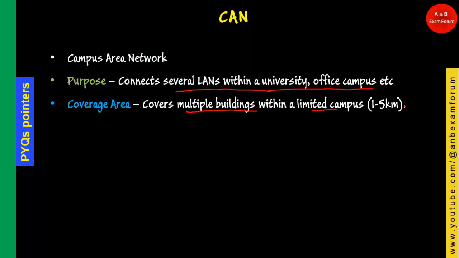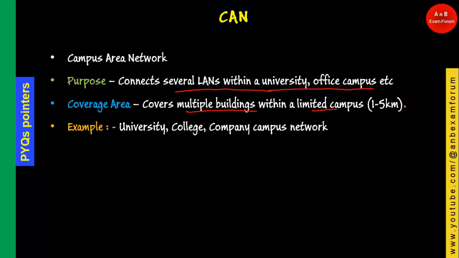Okay, so it is more than a LAN. The LAN covers only one building or one room, whereas the CAN covers multiple buildings up to 5 kilometers. Okay, it can be used in a university, college or campus area network.